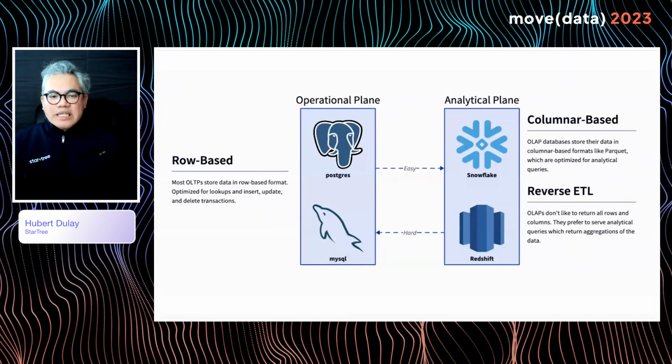A more detailed look at the same data divide is that on the right-hand side, in your analytical plane, you have these specific servers or systems that cater to analytical questions, like columnar databases. If you want to get that data out of the analytical plane, you have to use a tool that promotes reverse ETL. It's ETL going from left to right, reverse ETL from right to left.